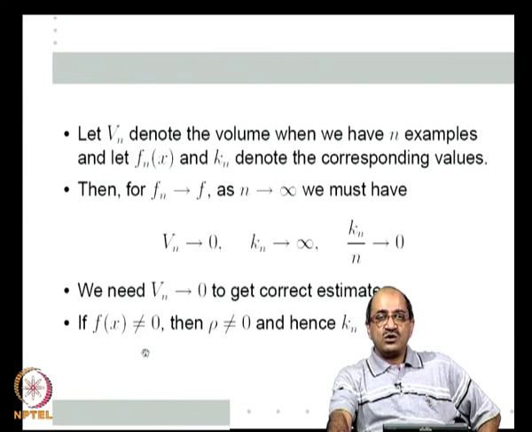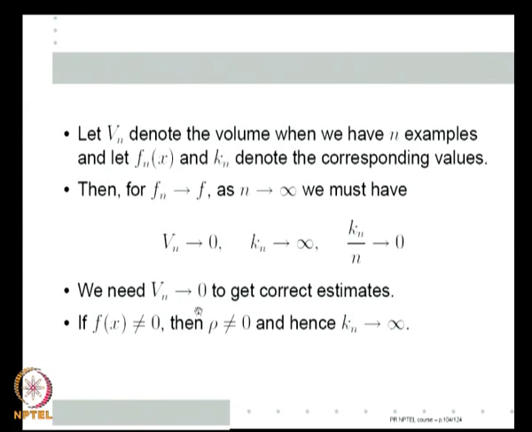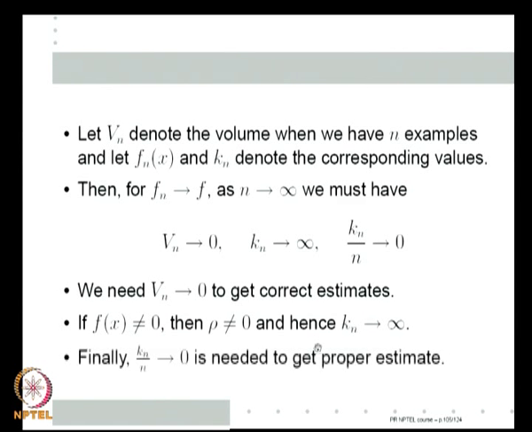If f is not equal to 0 at a particular x, then rho will not be 0, okay. Around any arbitrary x, as n tends to infinity, there is a fixed fraction that has to fall into that region. So, we expect k_n to go to infinity, and obviously k_n by n has to go to 0, because our density estimate is k_n by n by v_n.